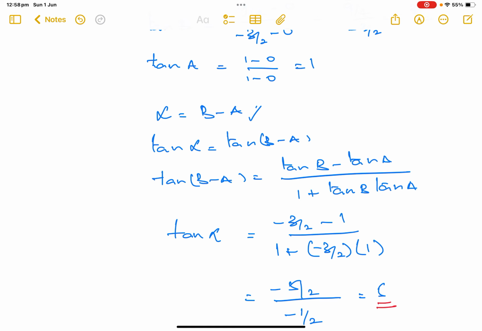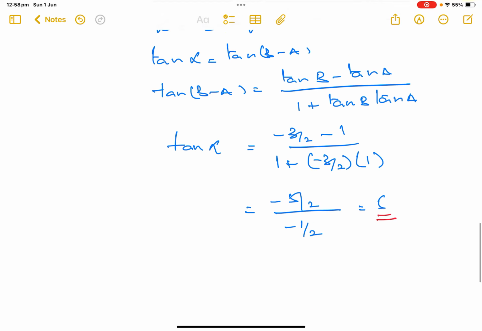We know the trigonometric identity, which students should know: tan (B minus A) equals (tan B minus tan A) divided by (1 plus tan B tan A). So tan alpha equals (tan B minus tan A) over (1 plus tan B tan A). Tan B we found is minus 3 over 2, and tan A we found is 1.